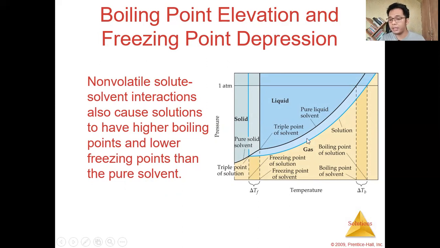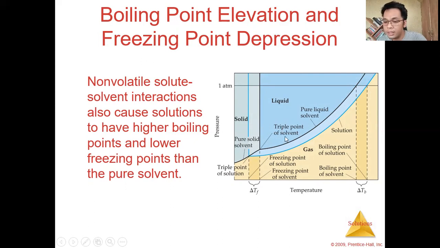And by the way, the phase diagram has pressure on the y-axis and temperature on the x-axis plotted for a specific substance. It shows the relationship of pressure and temperature and what phase of matter the substance is undergoing at a specific pressure and temperature.